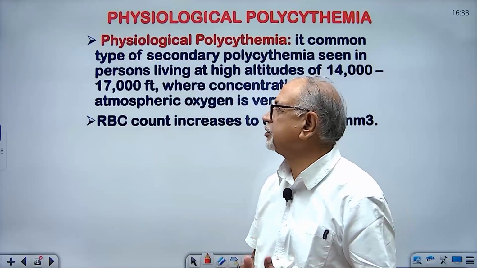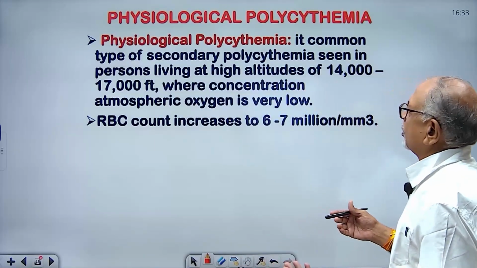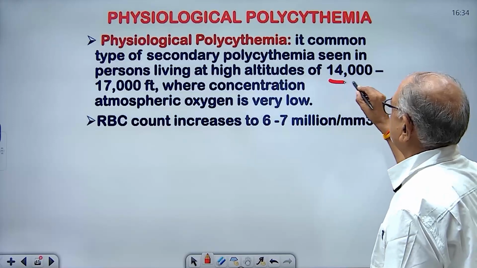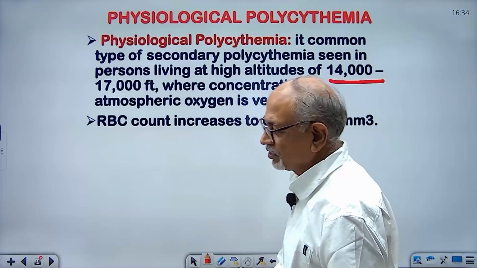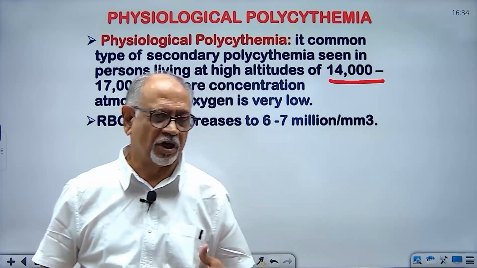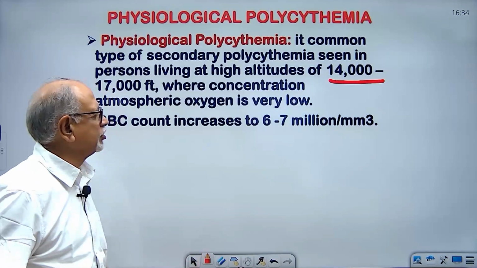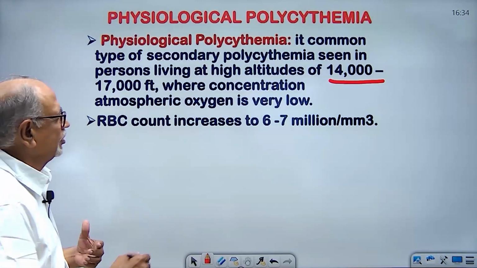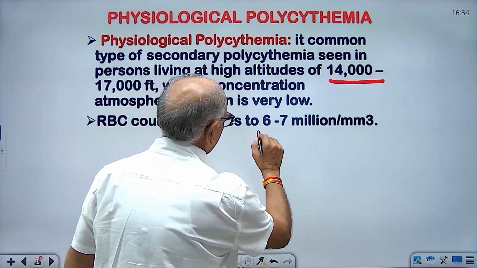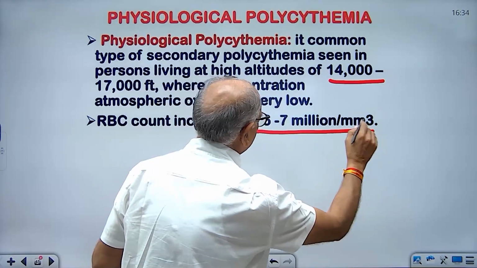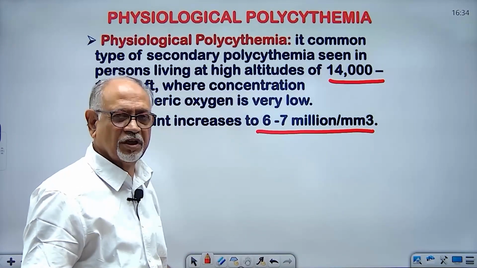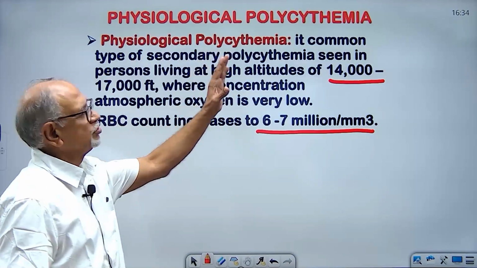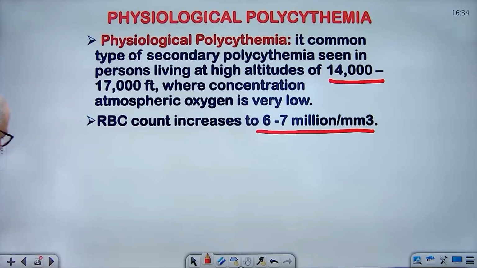As I just said, when a high altitude of 14,000 to 17,000 feet is reached, hypoxia appears in the tissue, and that increases the production of RBCs from the bone marrow, and the number of RBCs becomes 6 to 7 million per cubic millimeter. So, this is called physiological polycythemia.